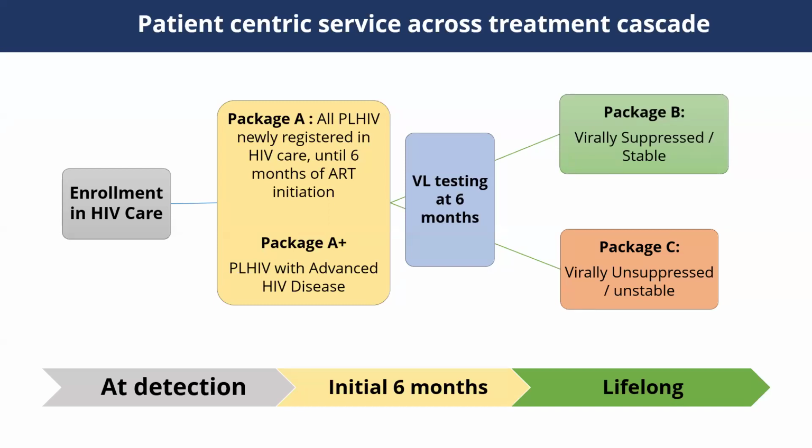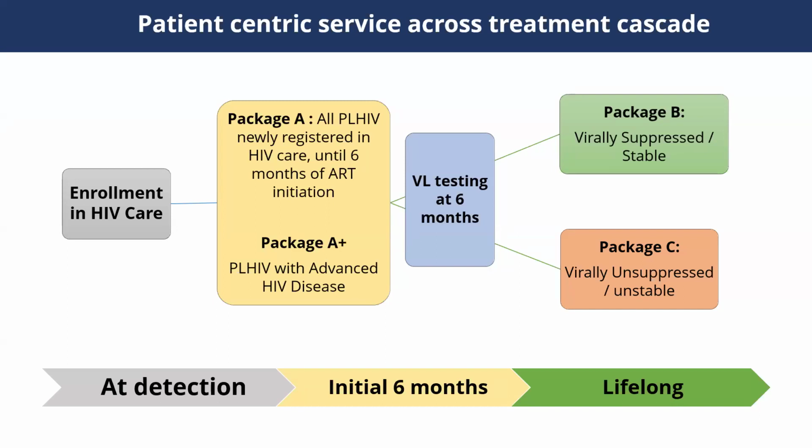B and C come only after you have the first viral load. After that routine first viral load at 6 months, or the annual one that the patient undergoes, based on that, we triage the patient into either a B or a C category. In a B category, you have all stable patients, that means they are virally suppressed. And in C, you have the unsuppressed.